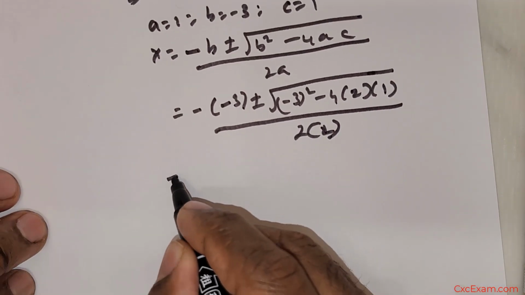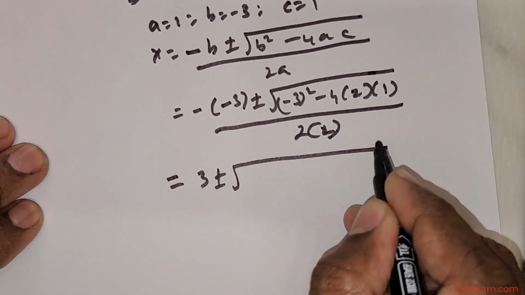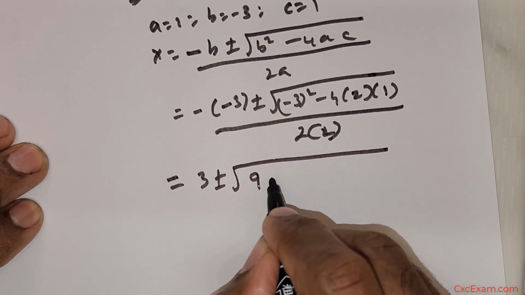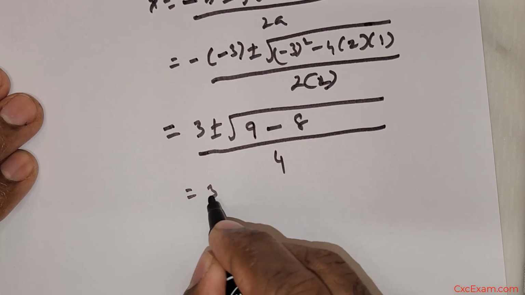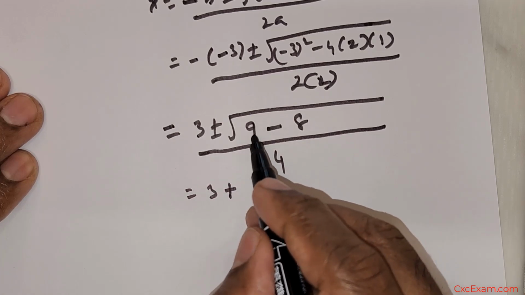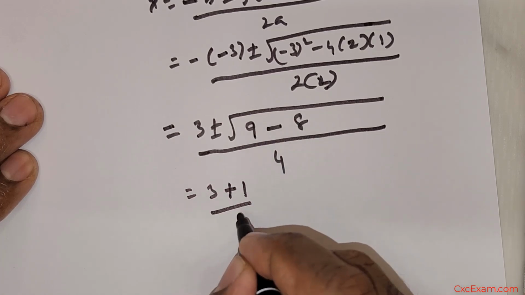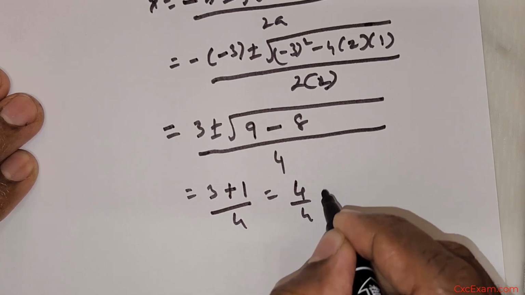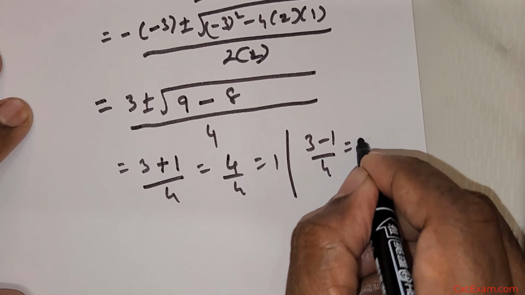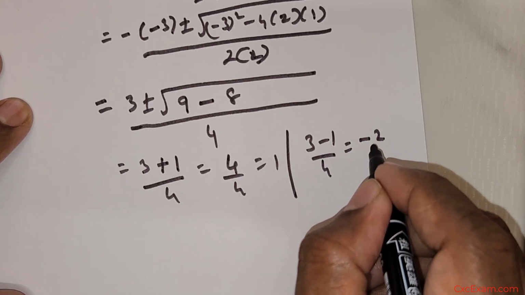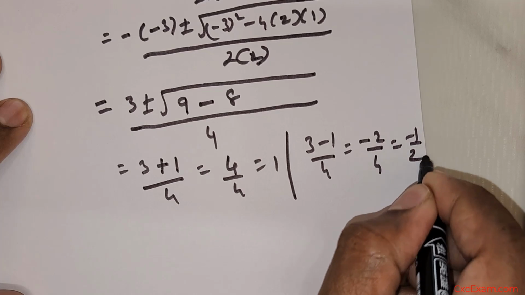So this is equal to 3 plus or minus root of 3 squared is 9, 4 times 2 is 8, divided by 4. So this is going to be 3 plus root of 1, which is 1, divided by 4. So this means 4/4, which is equal to 1. There is also 3 - 1 over 4, which is 2/4, which is 1/2.